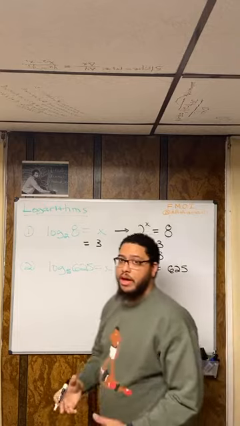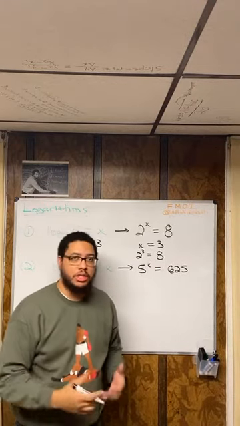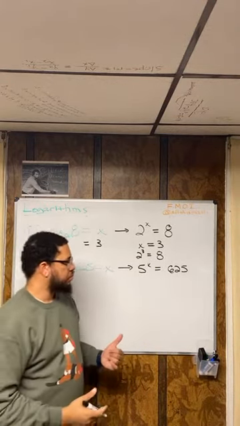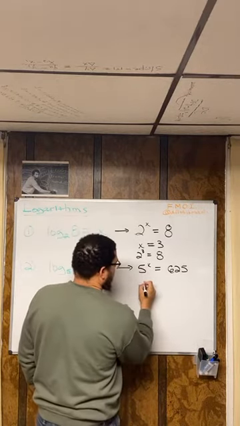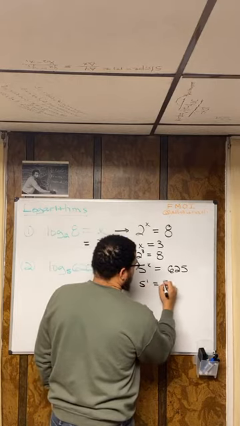So how many 5s need to be multiplied together to equal 625? Let me just give you the list. 5 to the first power is 5.